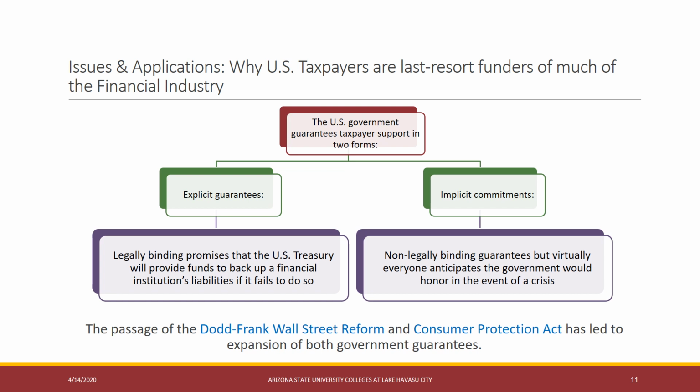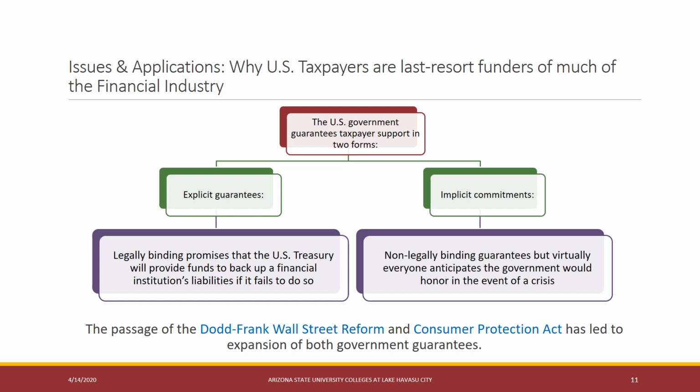Why are the US taxpayers the last resort funders of much of the financial industry? The US government guarantees taxpayer support in two forms: explicit guarantees and implicit commitments. Explicit guarantees are legally binding promises that the US Treasury will provide funds to back up the financial institution's liabilities if it fails to do so.